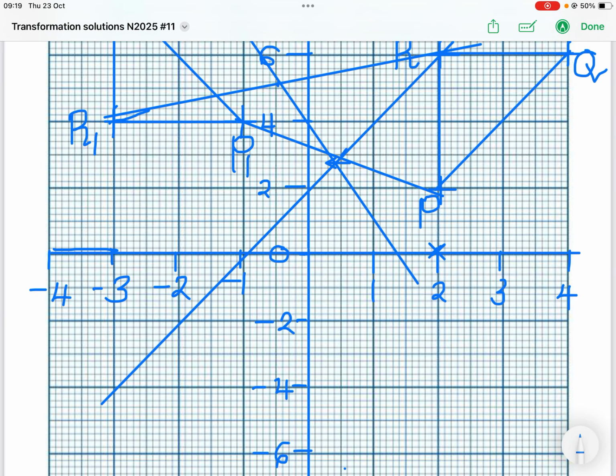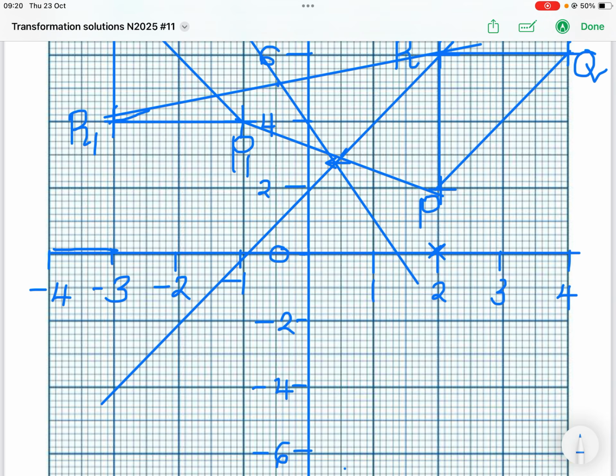And we are given that the scale factor of enlargement is -1.5. Right? So from this point, from P to center of enlargement, we are having one box. So we need to multiply 1 by 1.5, and then we measure 1.5 from the center of enlargement, so that our coordinate here is going to be 2 and -3. That is going to be our P2.